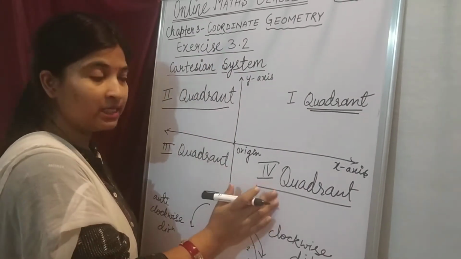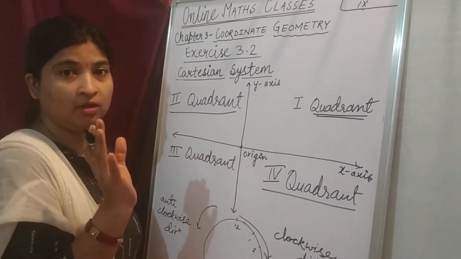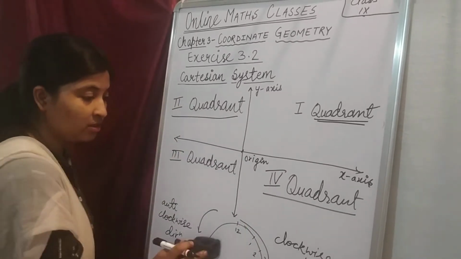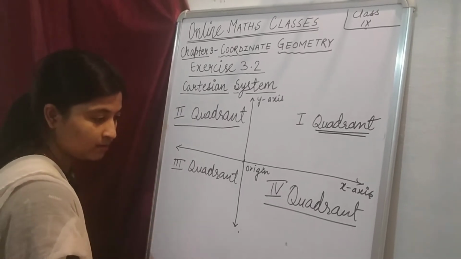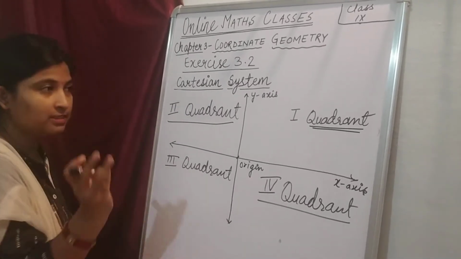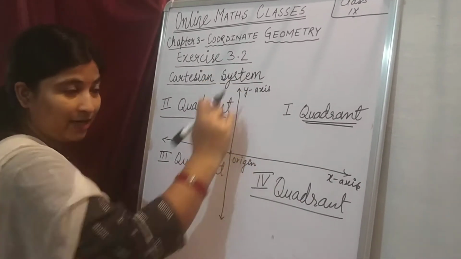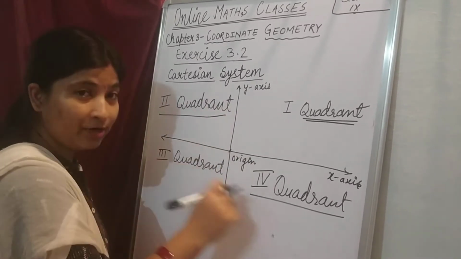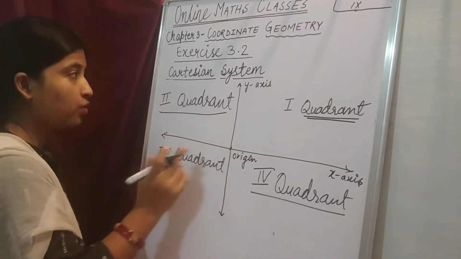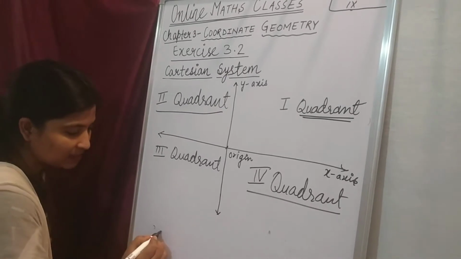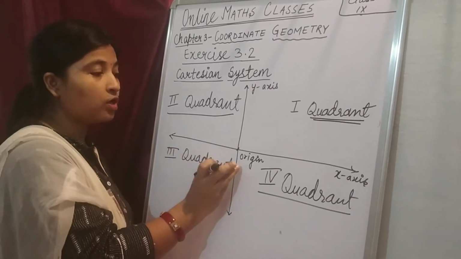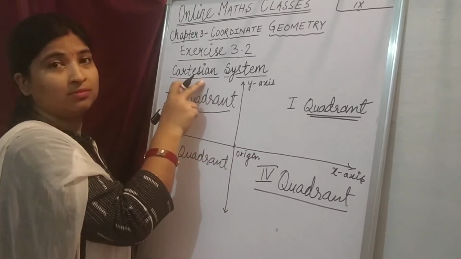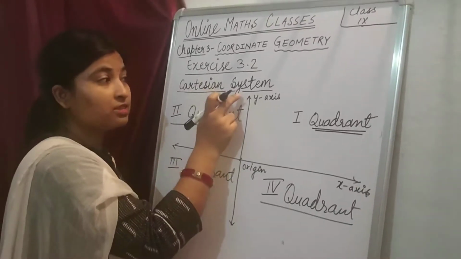Okay. Now when I'm talking about a plane where I'm having x-axis, y-axis, all 4 quadrants, and origin. What are the things which I am having? Yes, first is x-axis and y-axis, second is quadrants, and third is origin. So when I'm having x-axis, y-axis, quadrants and origin, then that system is called Cartesian system.